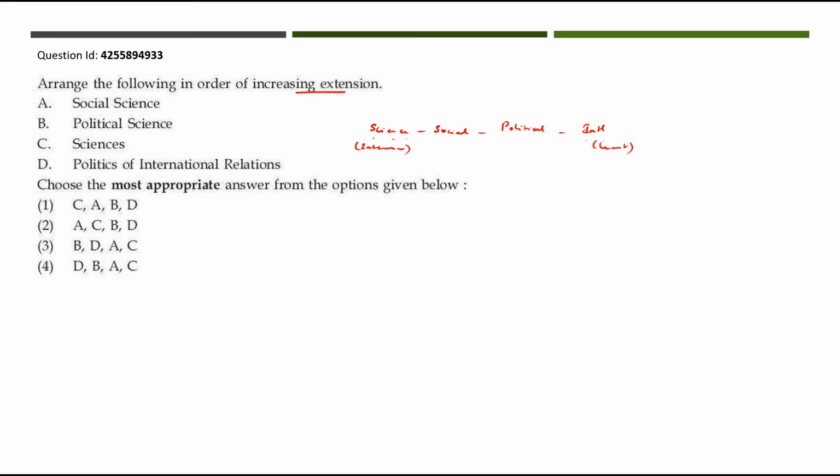Science is C, social science is A, politics is B, and international relations is D. You will have an order of CABD, but they are asking in increasing extension order. So this is not the right order, this is the reverse order.